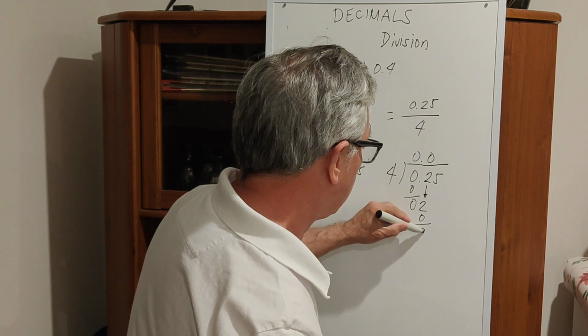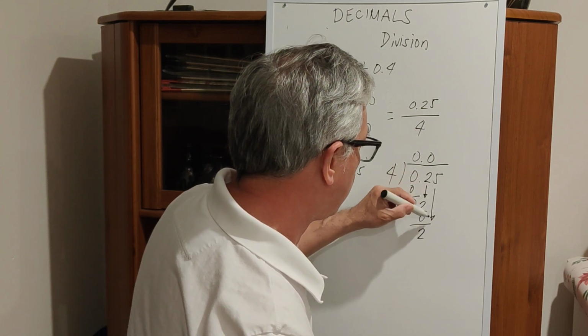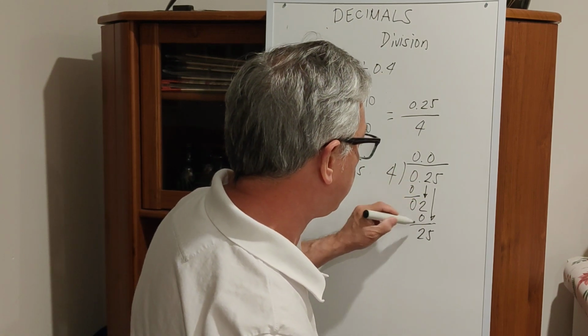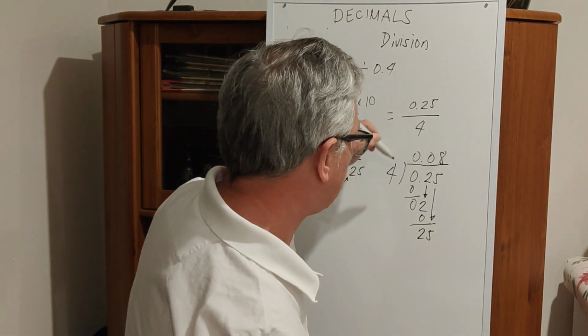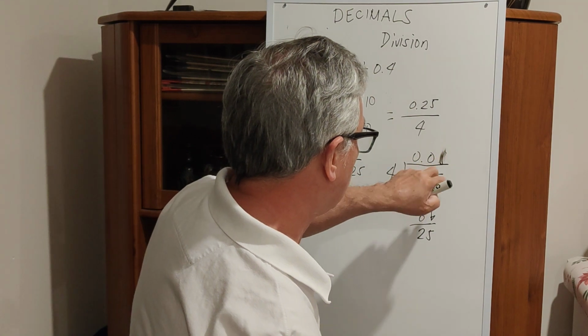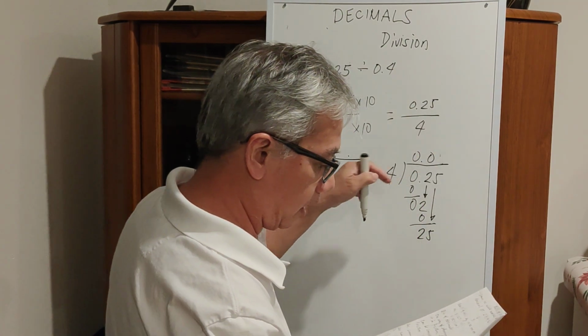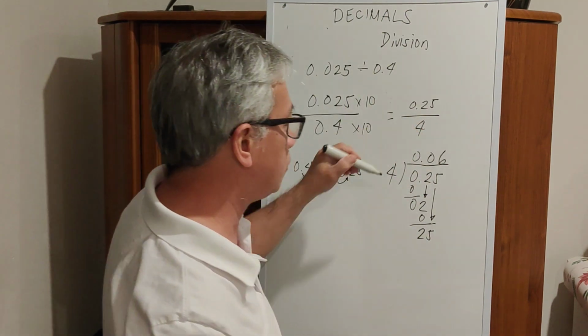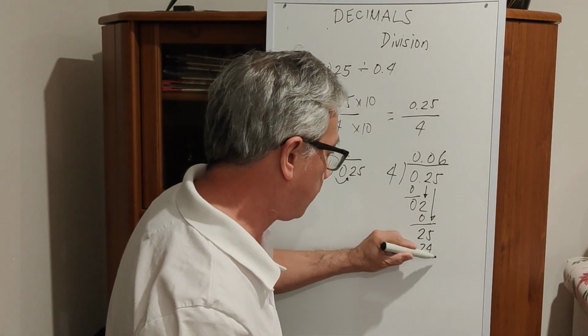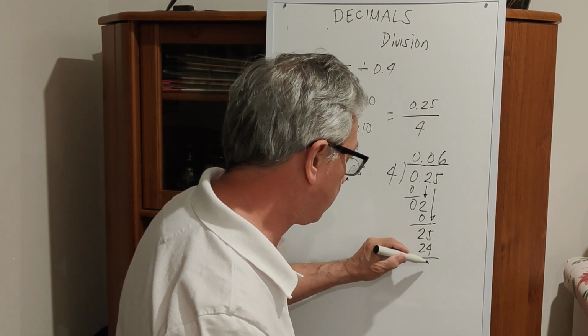So we got 2. Bring down 5. 25 divided by 4, we have 6. 6 times 4 is 24. So 25 minus 24 is 1.